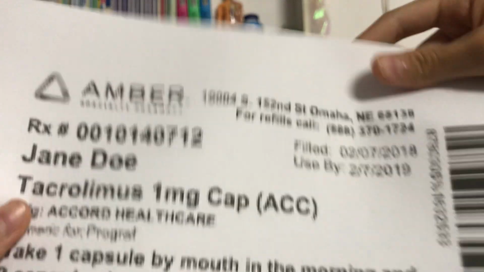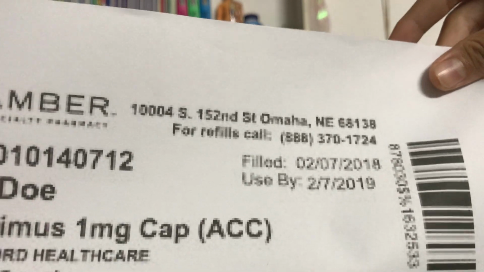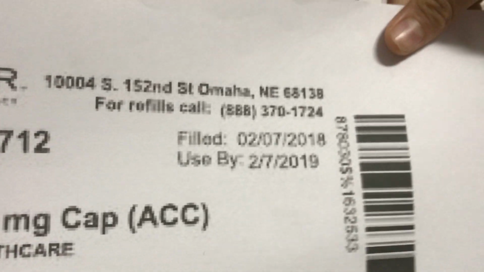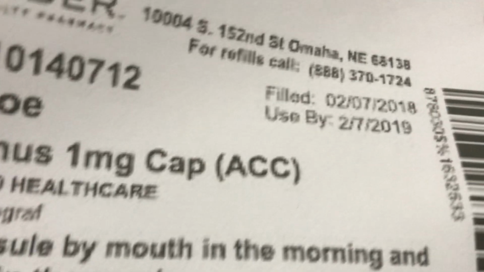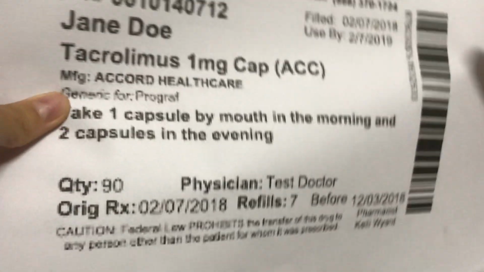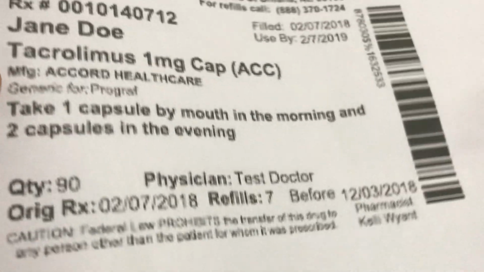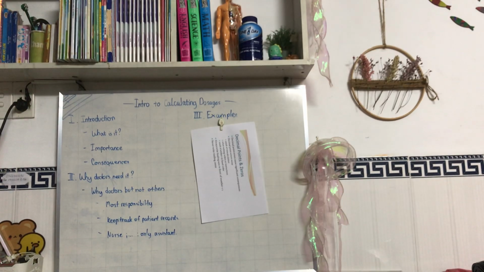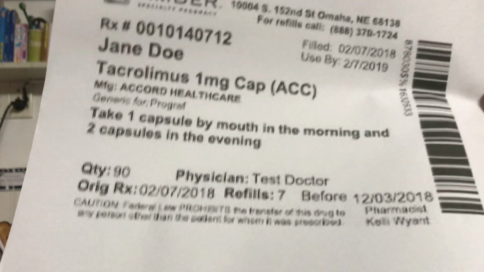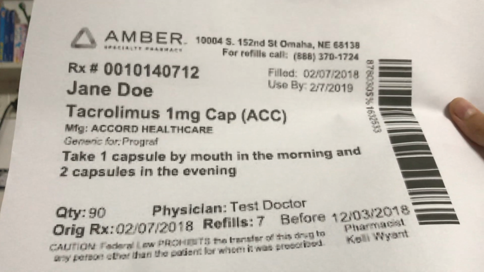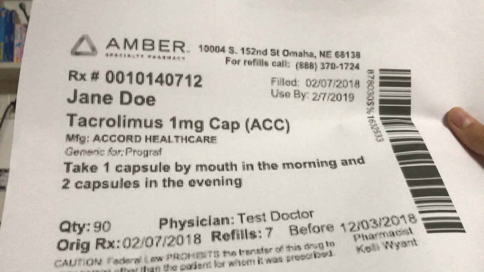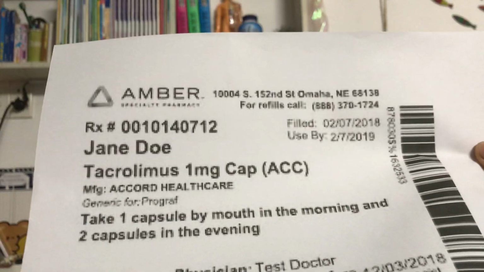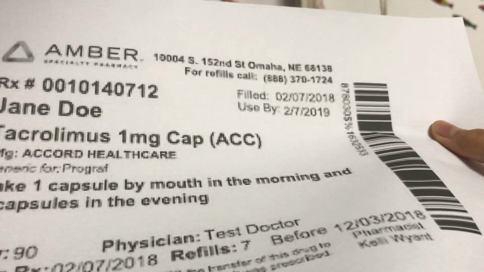of Jane Doe, filled in on the 2nd of July 2018 and used by the 2nd of July 2019. And take 1 capsule by mouth in the morning and 2 capsules in the evening. So let's say if we have 3 drugs per day, then if we have over a month, what will we have?